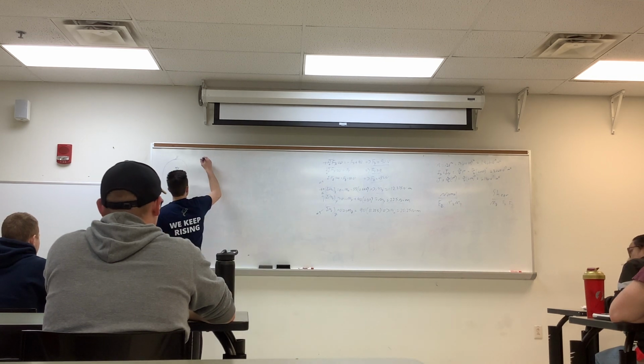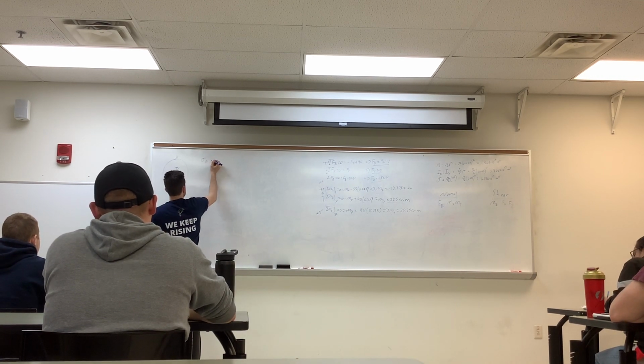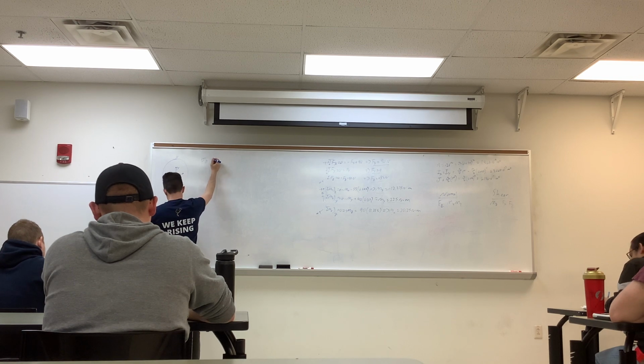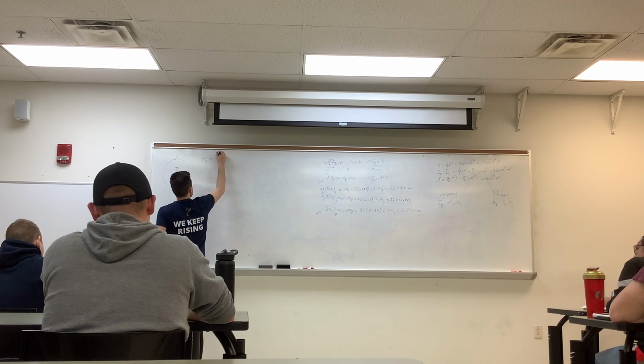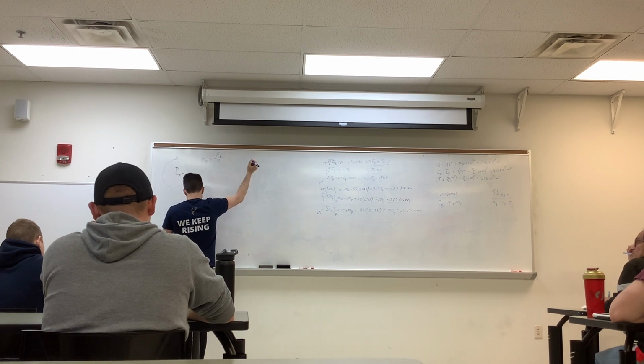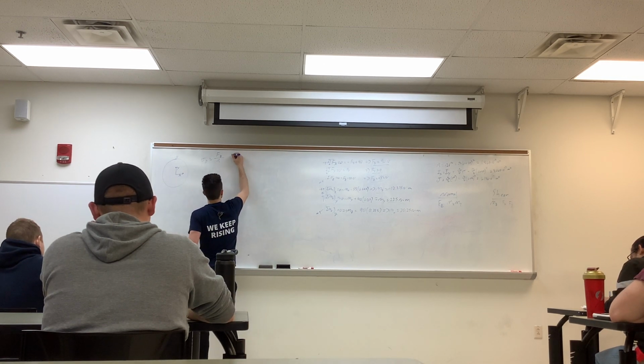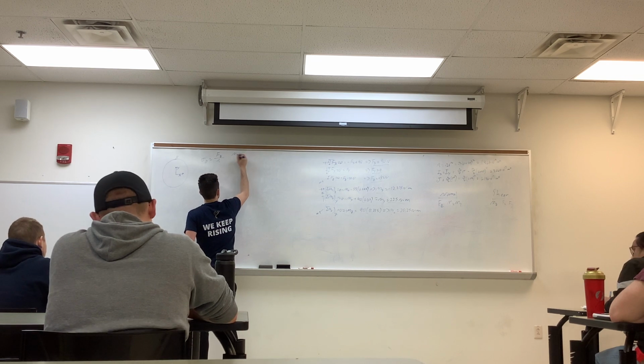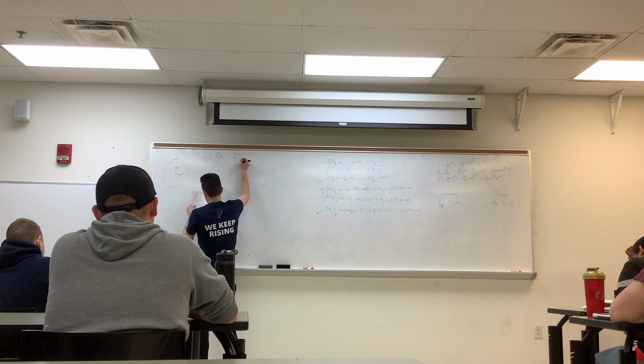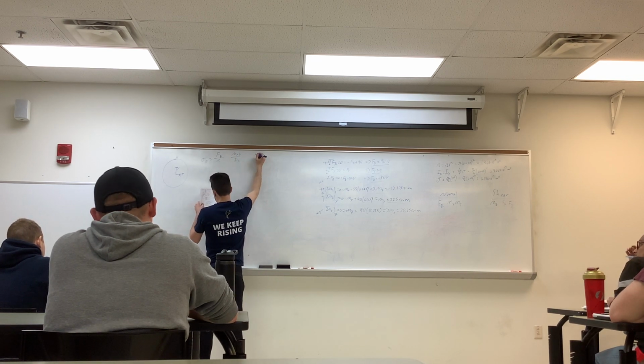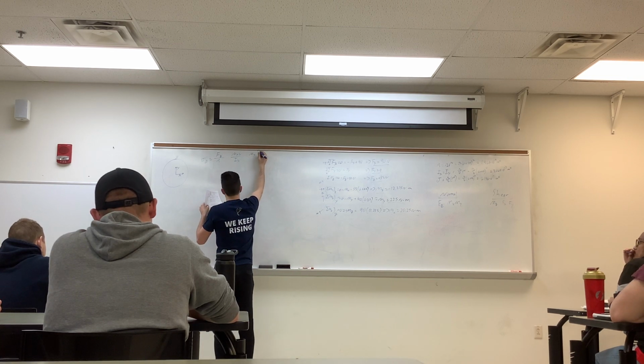So we have our normal stress, sigma z, we have axial force, and we have our two corresponding moments, so M sub x times y over I sub x, and then M sub y times x over I sub y.